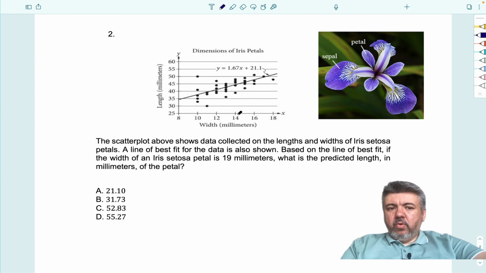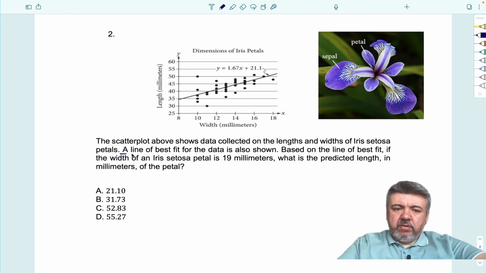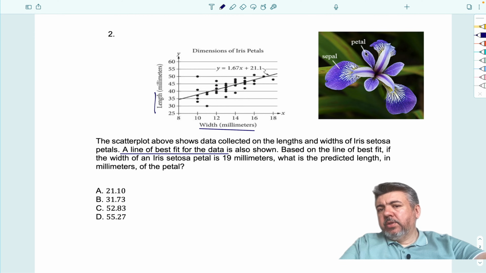Okay, in the second question, we are shown a scatter plot showing the line of best fit. Maybe you're hearing this for the first time. Let me explain. You have some data about the width and length of iris petals. I found the picture from Google. So that is an iris petal.